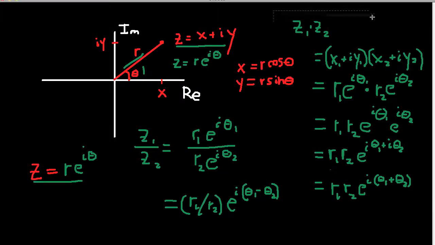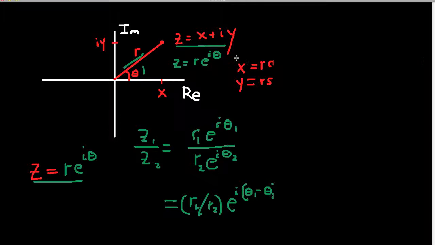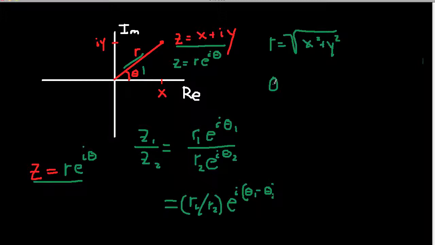We do it this way. r is equal to the square root of x squared plus y squared, and theta is equal to the inverse tangent, the angle whose tangent is y divided by x.